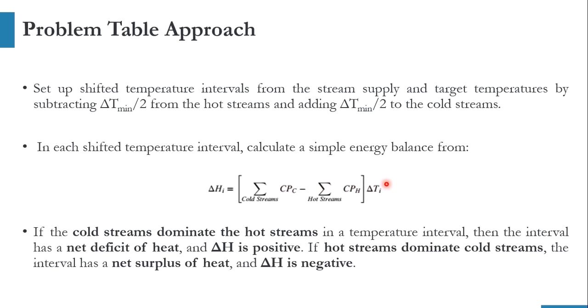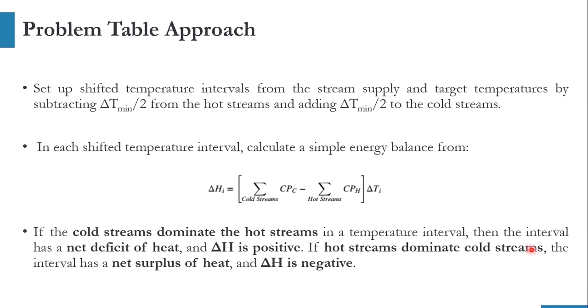But obviously you might be confused, so we will now shift to the problem table approach. But one thing for sure: if the cold stream dominates the hot stream, meaning if Cp of C minus Cp of H is positive, meaning Cp of C is higher than Cp of H, then the interval has a net deficit. It means we need to supply heat, and delta H is positive.